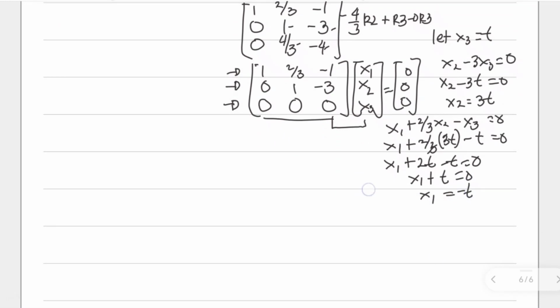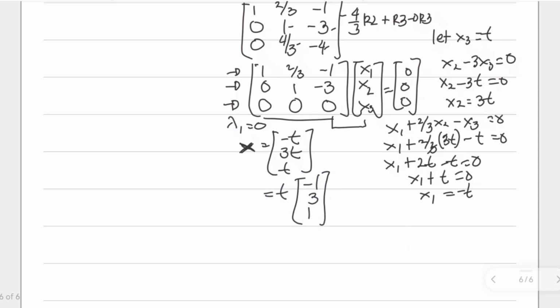With this, our eigenvector for our eigenvalue, this is the first eigenvalue, 0, is x sub 1 which is negative t, positive 3t, and positive t. Factoring out t, you will have negative 1, 3, and then 1.